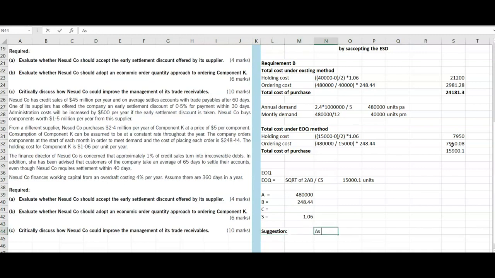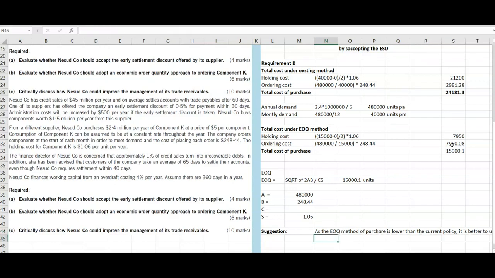So the suggestion is, as the EOQ method of purchase is lower than the current policy, it is better to use the EOQ method.